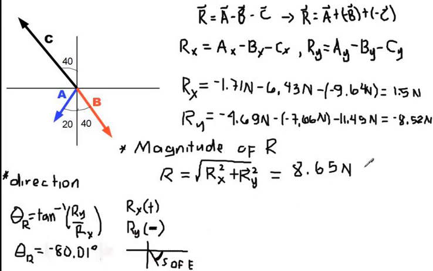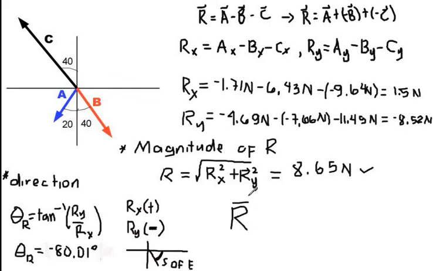So, therefore, naa na tay magnitude, and we have also the direction, 80 degrees. So, naa na tay value sa R, and naa tay value sa theta o ang corresponding direction diri. So, isulat na nato ang final answer.